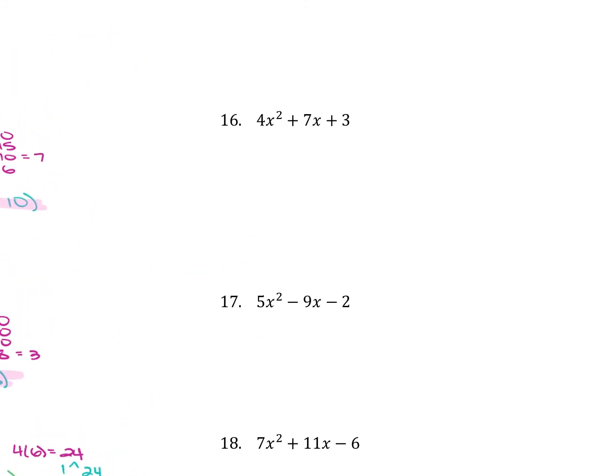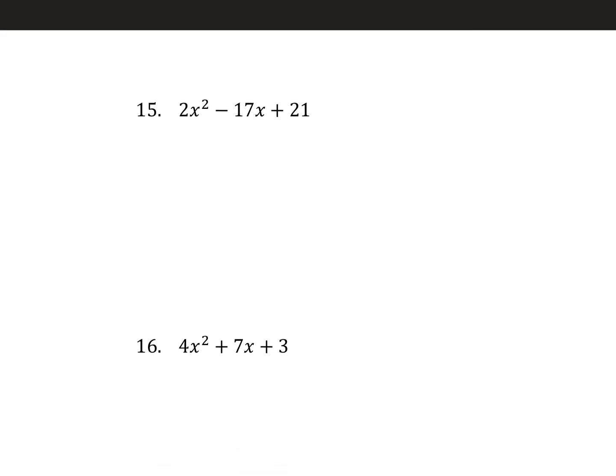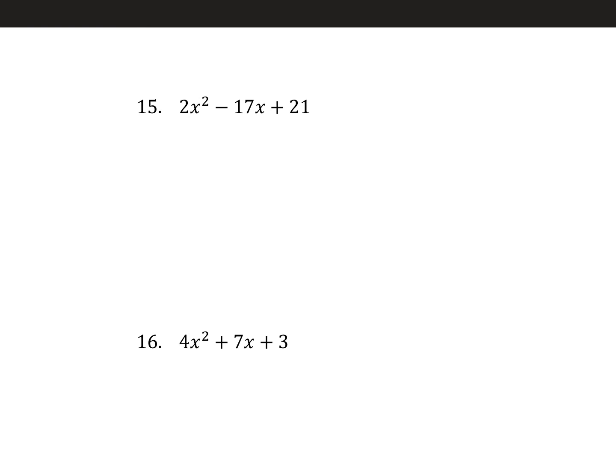15 on the second page, you have 2x squared minus 17x plus 21. We are going to multiply the 2 with the 21. That gives you 42. Your factors of 42 are 1 and 42, 2 and 21, 3 and 14. 4 does not go into it, 5 does not go into it, 6 goes in 7 times.